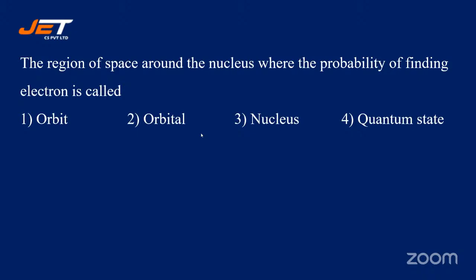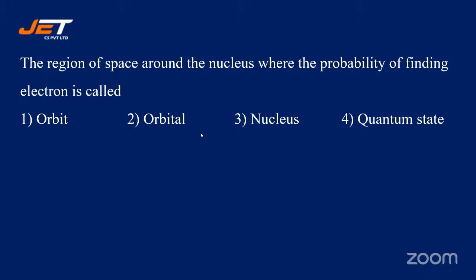Okay, next one. The region of space around the nucleus where the probability of finding electron is called orbit, orbital, nucleus, or quantum state.